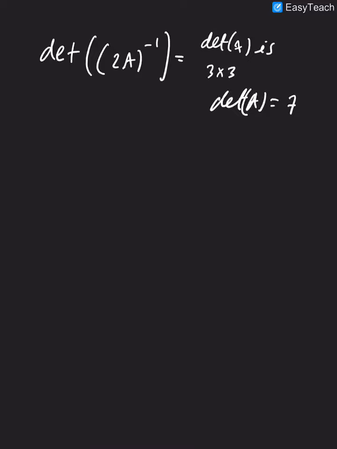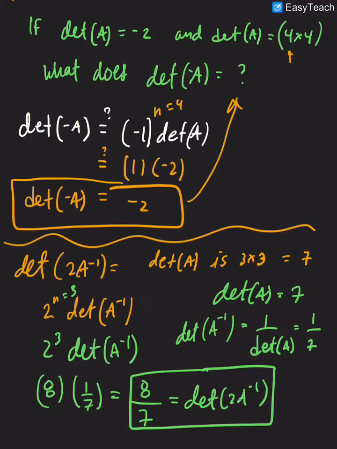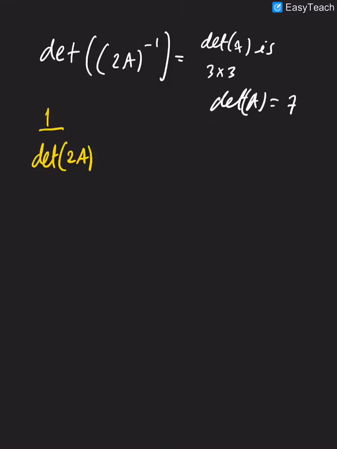Oh, the determinant of A inverse? Okay, so using our properties, doesn't that just equal 1 over the determinant of 2A? Right? Because the determinant of A inverse is equal to 1 over the determinant of that A matrix. Okay, yeah, that's no problem. We have the same thing here.